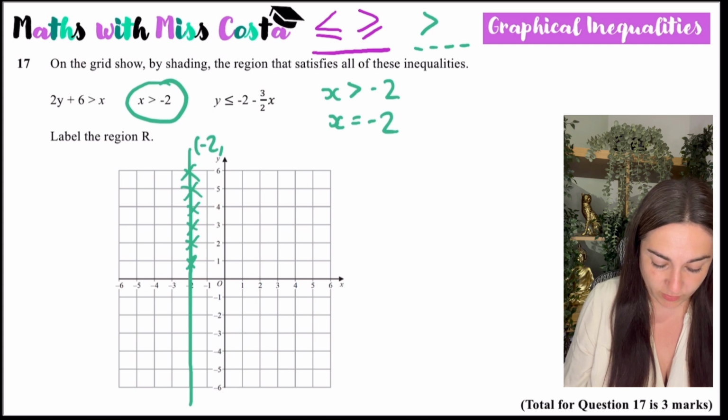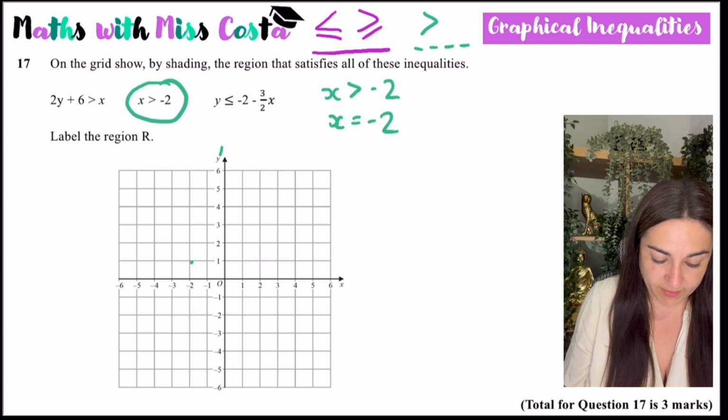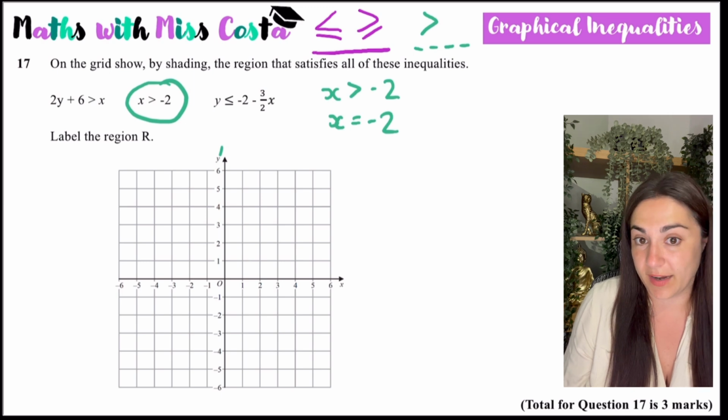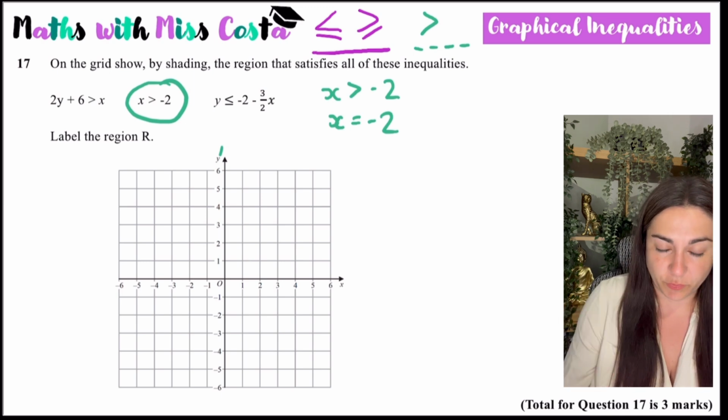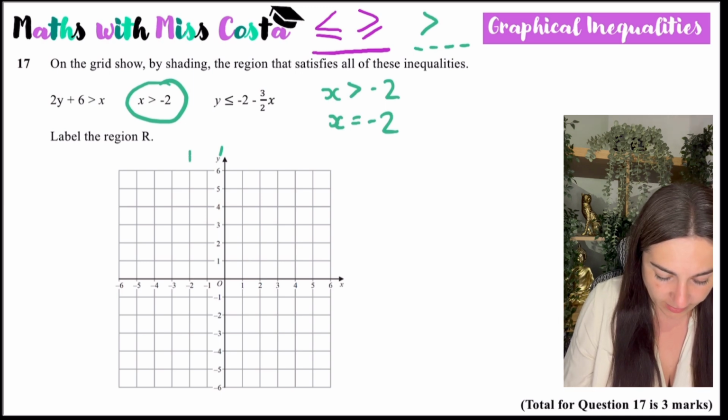So here I've got -2,1, -2,2, -2,3, and so forth. So all of the x coordinates are -2 anywhere on this line. That's why it's called the line x equals -2. So you've drawn it in pencil. Then you can go over it in pen and draw a dotted line.